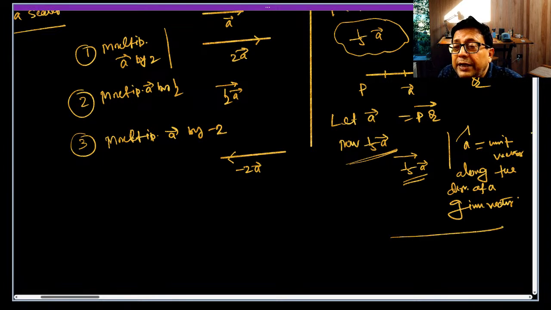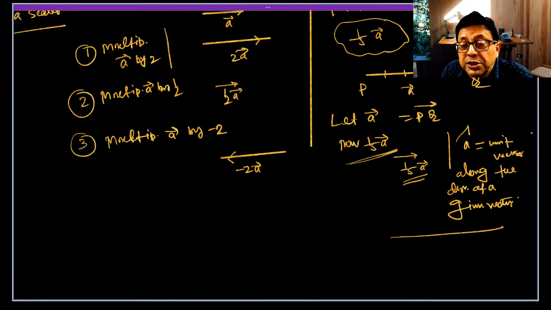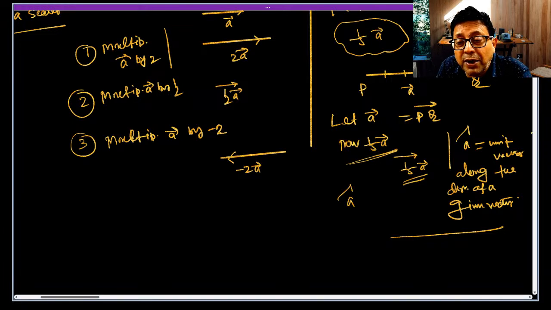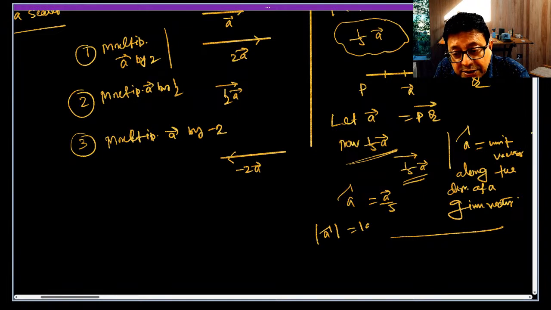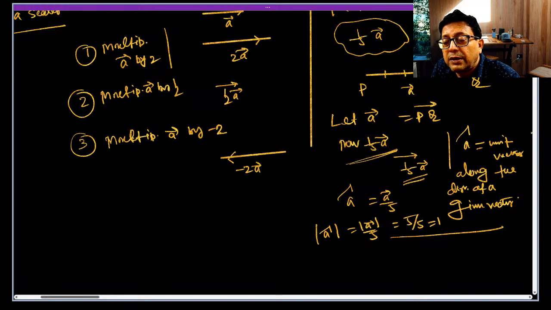A hat. So in this case, A hat is going to be A by 5. What is the magnitude of A hat? In every case it is mod A by 5, but mod A was 5. So this is 1.